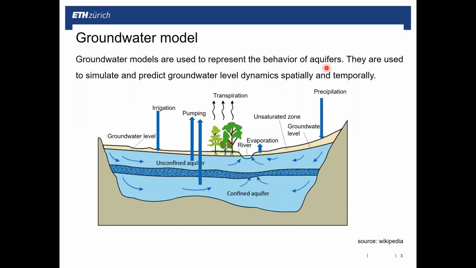The groundwater movement in the aquifer is influenced not only by the structures or deposits of the aquifer, but also by all the processes happening in this aquifer, like precipitation, evaporation, interactions with rivers, transpiration, pumping, irrigation, and so on. So in order to better describe the groundwater movement in the aquifer, we need the groundwater flow equations.